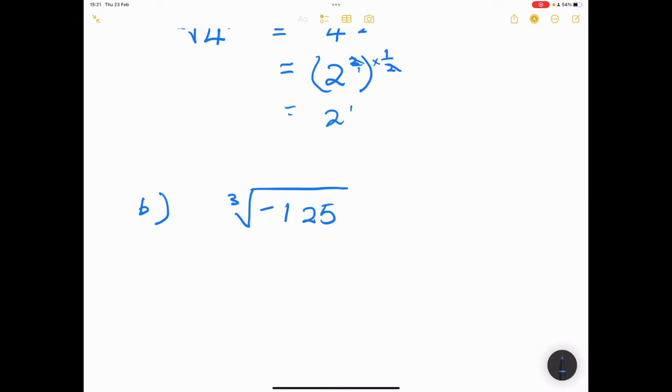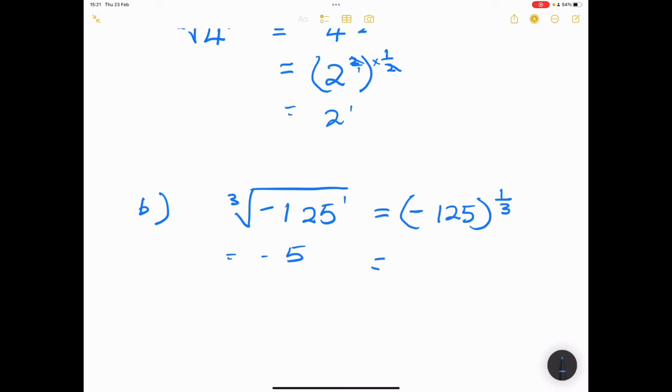It always helps for us to know that if you put it in the calculator, you will get negative 5 as your answer. But how can we write this in exponential form? So this is going to be negative 125, and this is raised to the exponent 1 over 3, right?